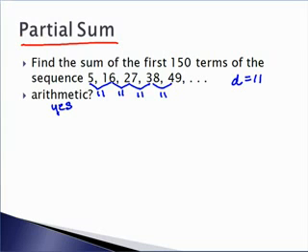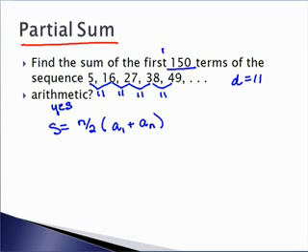Okay, so if we bring out our sum formula again, the sum formula says take n divided by 2 times the quantity of the value of the first term plus the value of the last one. All right, we want to add 150 terms.